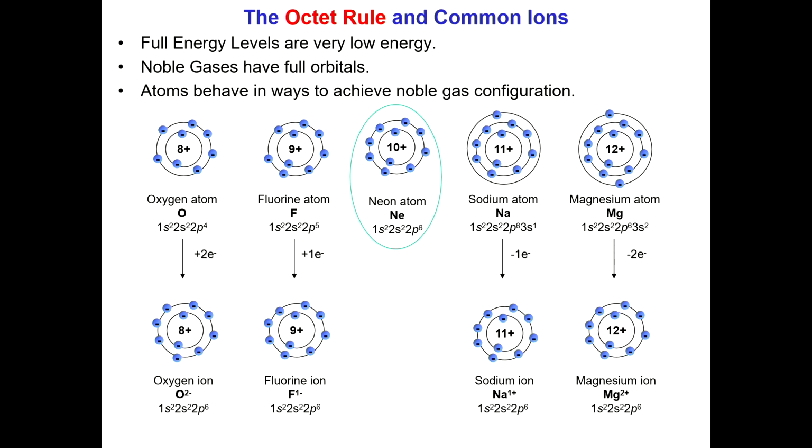For metals, basically they tend to lose electrons to form the full orbital. For example, for sodium, the electron configuration is 2s2, 2p6, and 3s1. So it is easy to lose this one electron and then form the full orbital electron configuration.